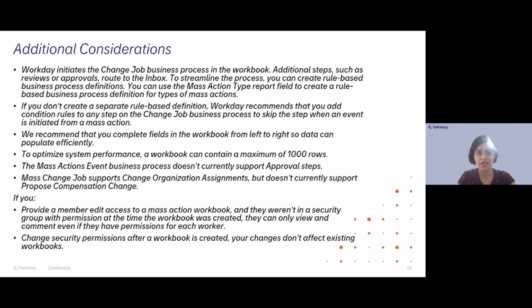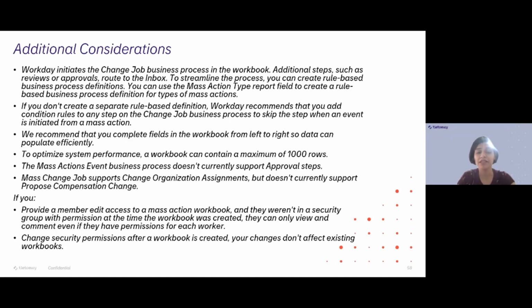for change job. If a separate rule-based definition is not doable, then on the approval or the review steps, you can put in condition rules to again check if it is coming through a mass action event type. Those approvals can be skipped.